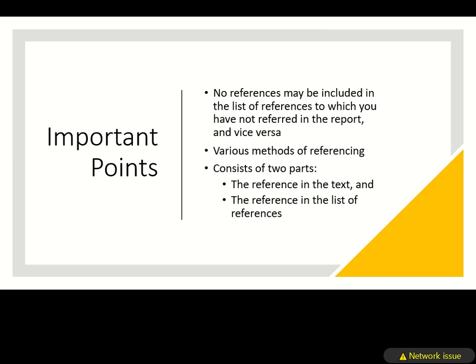If a reference is in the list and it is not in the text, what should I do? I go to the list at the end of the report and I find 21 references. When I count in the report, I find 20 references. So the extra reference which is in the list, what should I do with it?